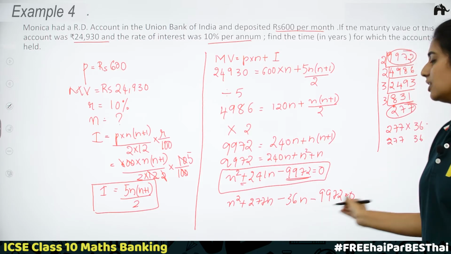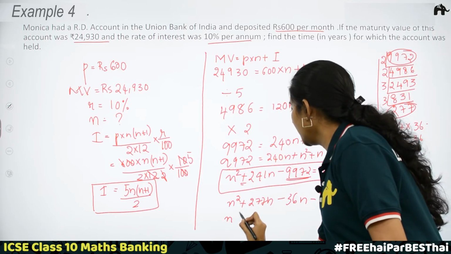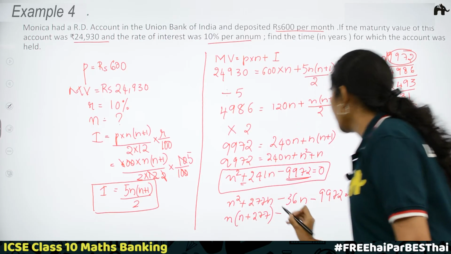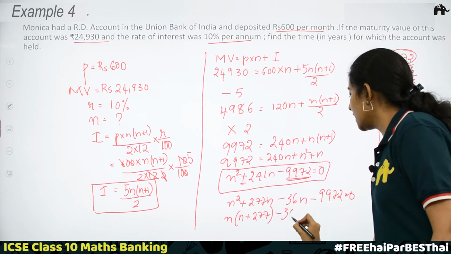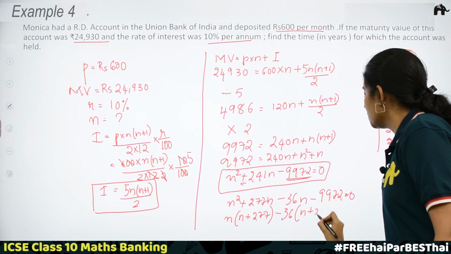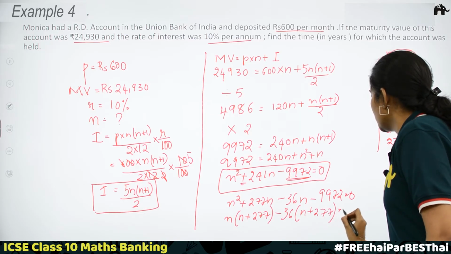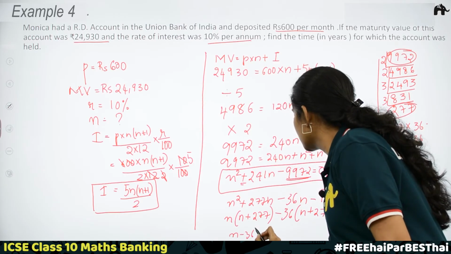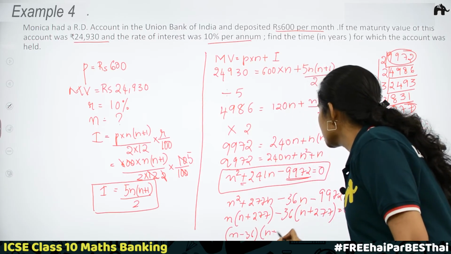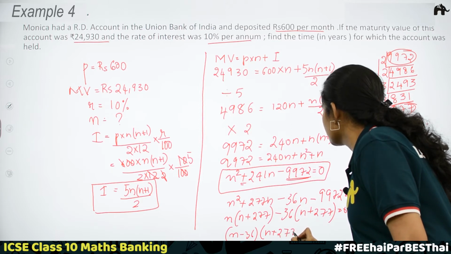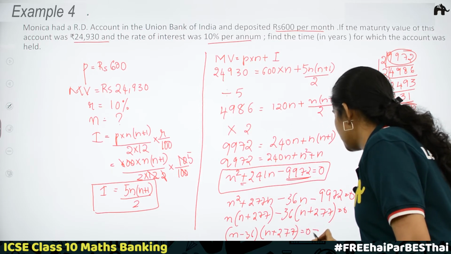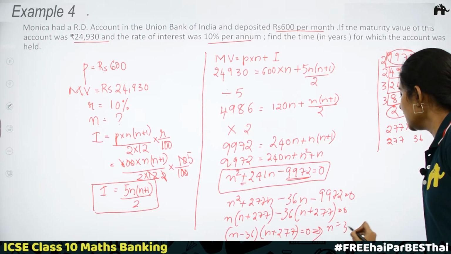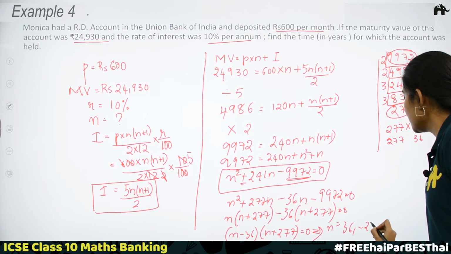Now we can easily find what the value of n is. Taking common, n into n plus 277. Taking common, minus 36 into n plus 277 is equal to 0. n minus 36 into n plus 277 will be equal to 0, which implies the possible values of n are 36 and minus 277.